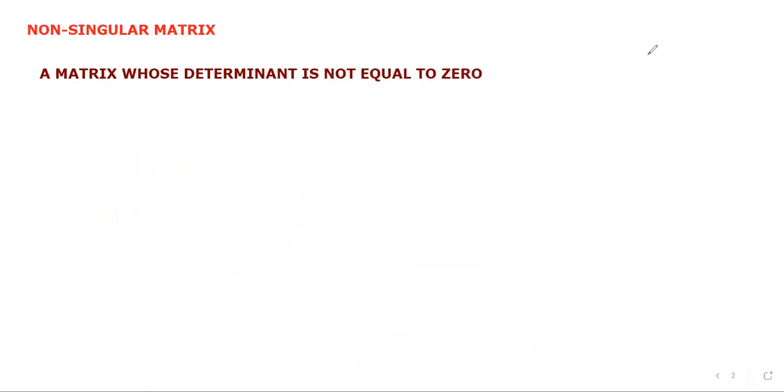And the last type is non-singular. That's when a matrix determinant is not equal to 0. Those are the ones we've been doing before.